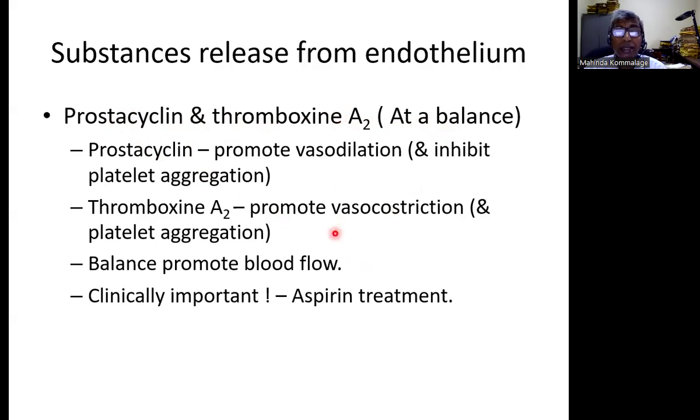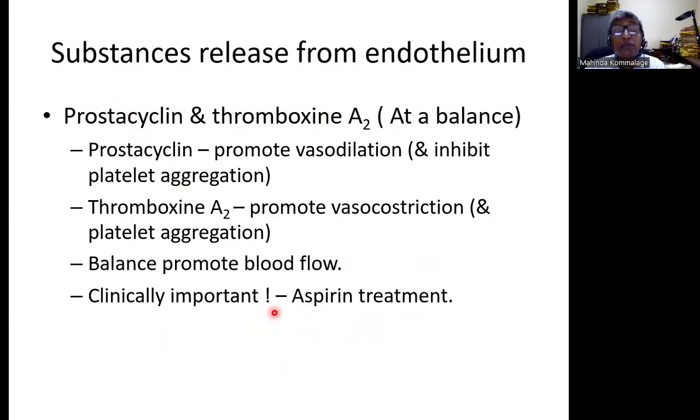Prostacyclin and thromboxane also act on platelet function, and that is important, especially in aspirin treatment. Through aspirin treatment, we maintain balance of prostacyclin and thromboxane, and read about the effect of aspirin and action of prostacyclin and thromboxane. Please read, it's in the Guyton, because aspirin treatment is clinically important, right?